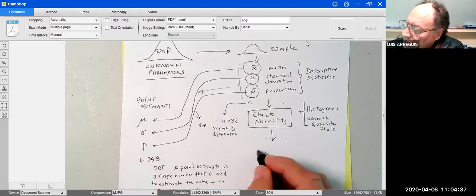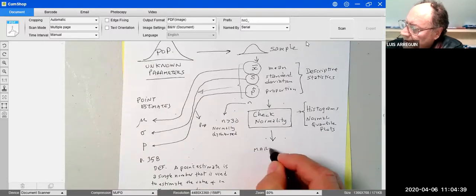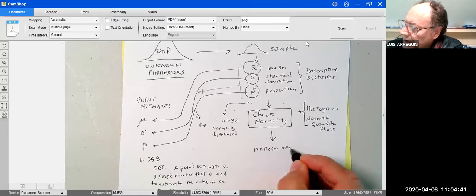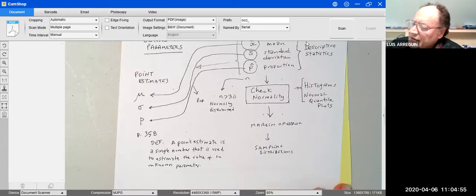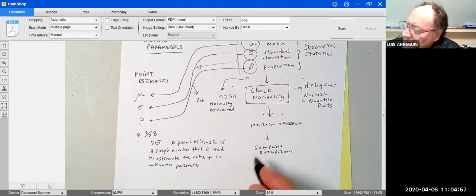Then we need to compute a margin of error. And to compute the margin of error, we're going to use sampling distributions. We learned about sampling distributions in the last chapter. We're going to use a different distribution depending on what we are trying to find.